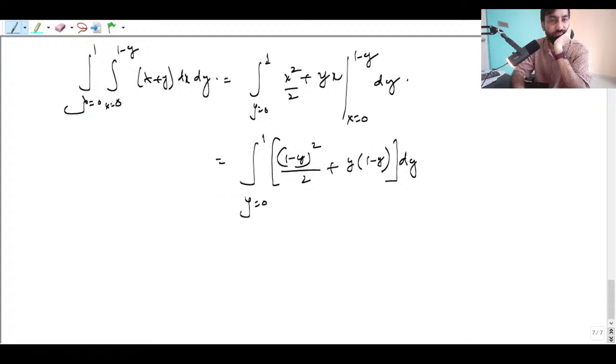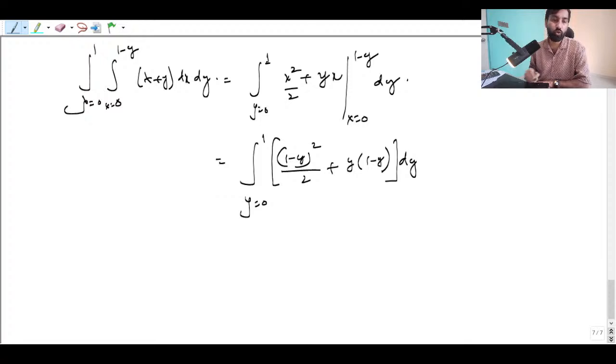Why are we not directly finding the area? Because the density function is not uniform. If it is uniform, directly you can say yes. It is going to be very simple, understand?